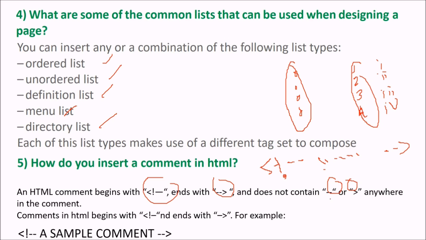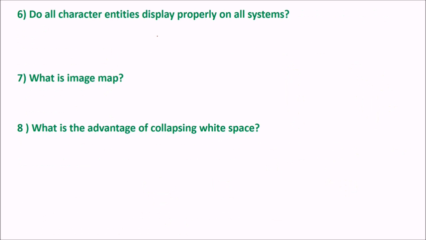Please understand, you don't put anything inside this. This is a simple sample comment. The browser which is going to interpret this HTML is going to ignore whatever is inside these combinations of symbols.